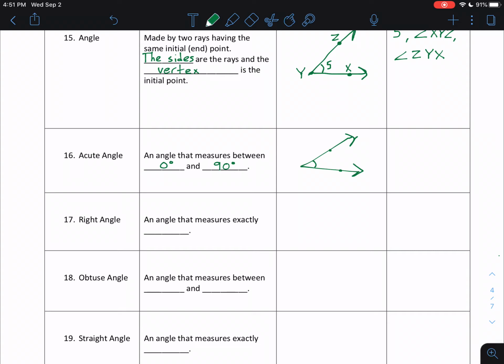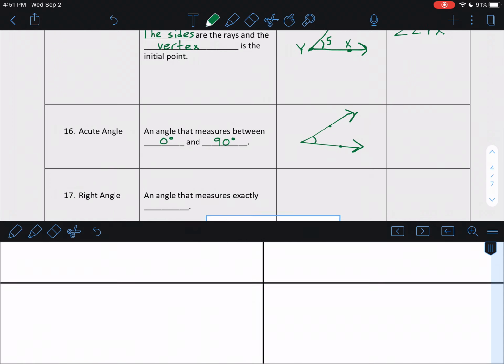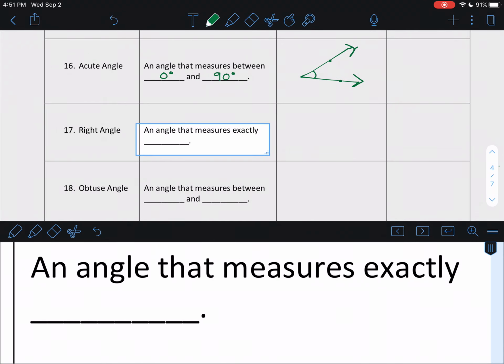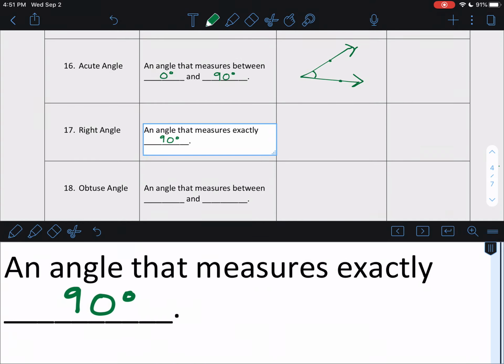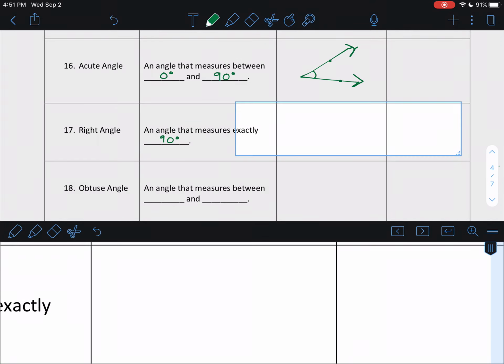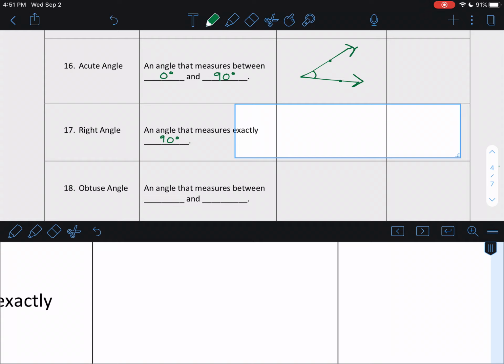And then we have a right angle, which is an angle that measures exactly 90 degrees. So a right angle, let's see if I can draw this. So a right angle is going to look like that. Okay, that was pretty good.